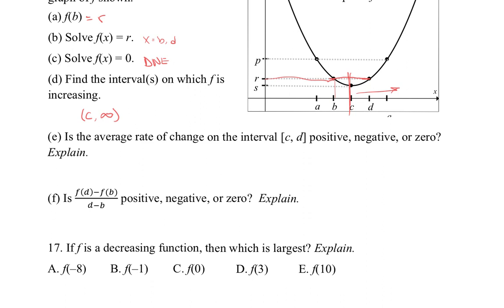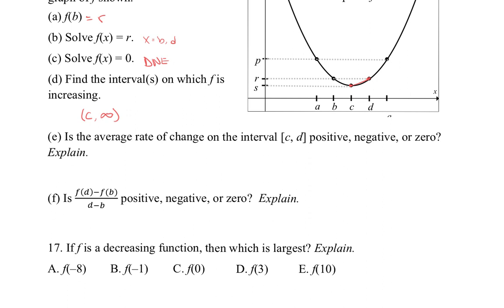And now is the average rate of change on the interval C, D positive, negative, or 0? I'm going to go ahead and erase everything we have here. There we go. So looking at C up to D, we can see that that is increasing, so it is positive.